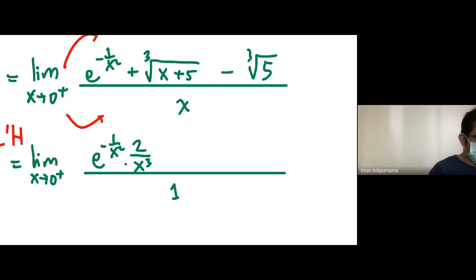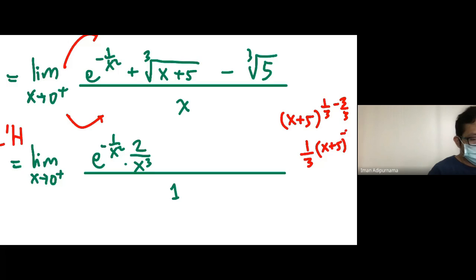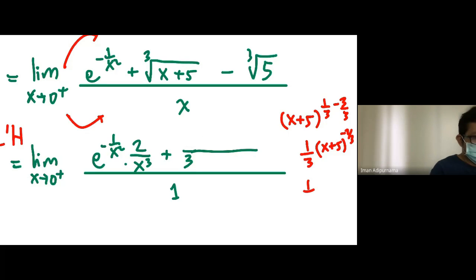So 1 over 3, this is x plus 5 to the negative 2 over 3, or maybe I'll just write 1 over 3 times x plus 5 squared.